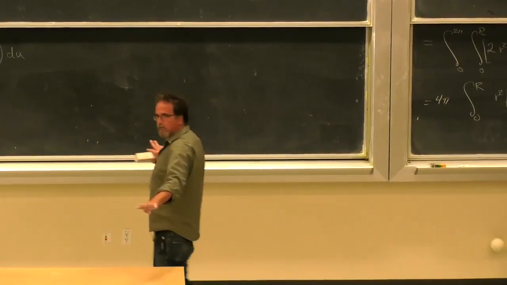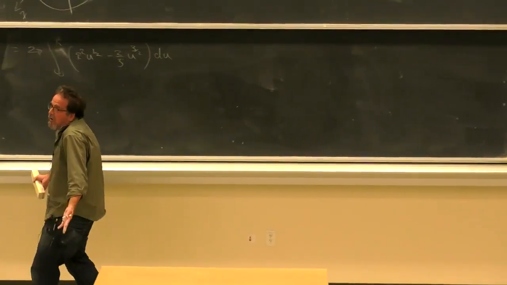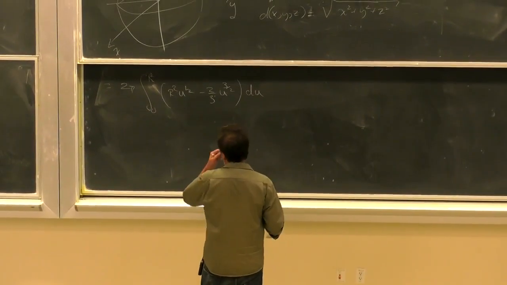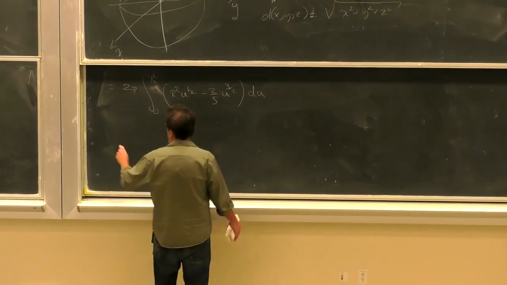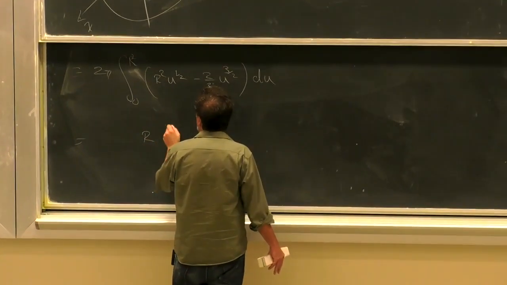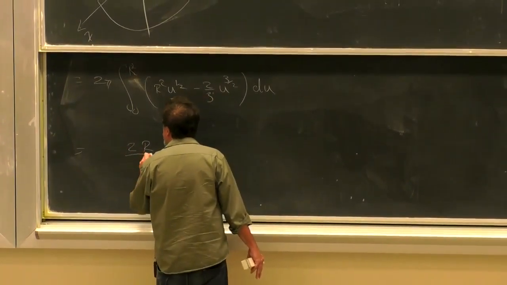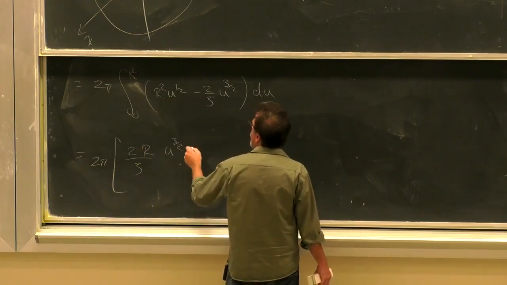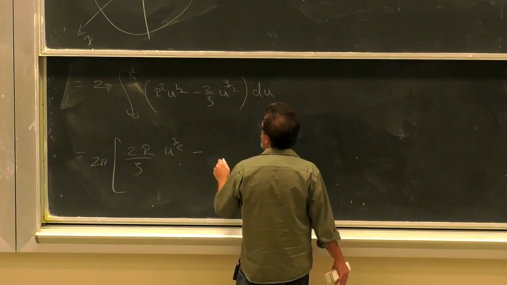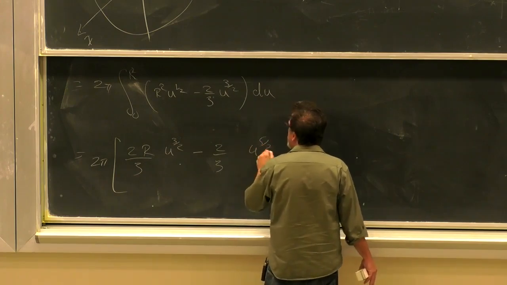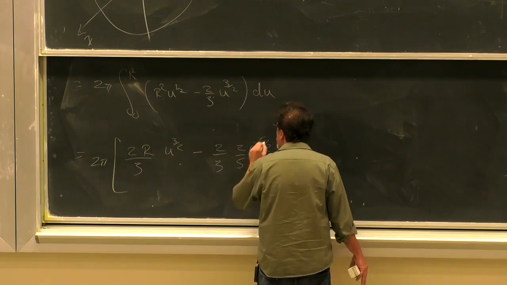Good? I could be wrong. I make algebraic errors, but the essence of this calculation is correct. I am certain. The integral of u to the 1/2 is u to the 3/2 times 2/3. The integral of u to the 3/2 is u to the 5/2 times 2/5.